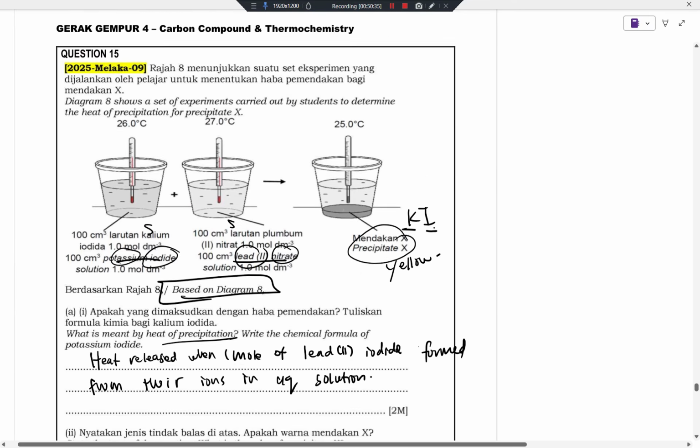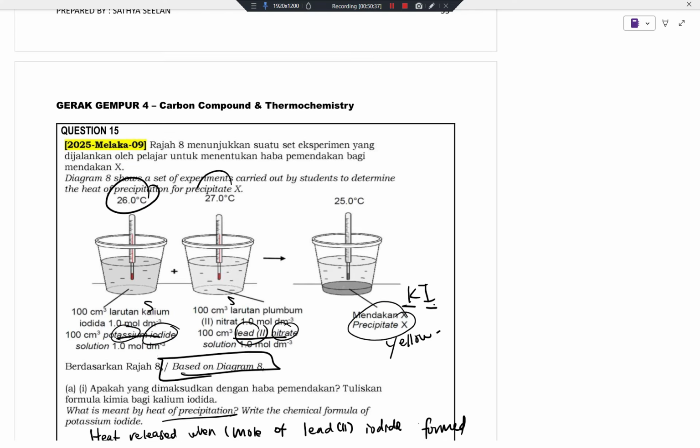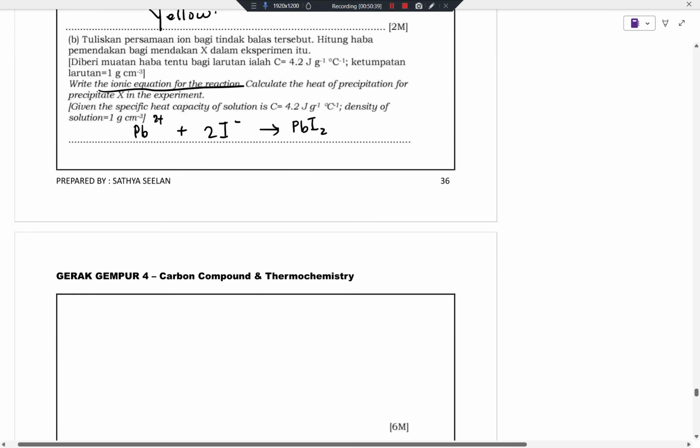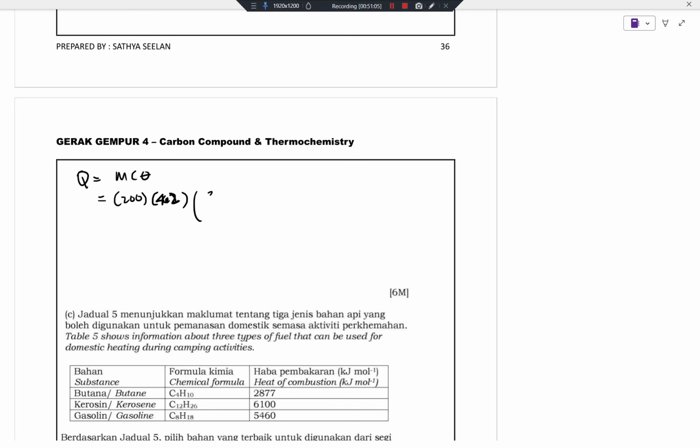Okay. First, two different temperatures, so we need to get the average. Q equal to mcθ, right? Mass is 100 plus 100, so 200, and c is 4.2. The initial temperatures are 26 and 27, and the final temperature is 25, so 26 plus 27 divided by 2.